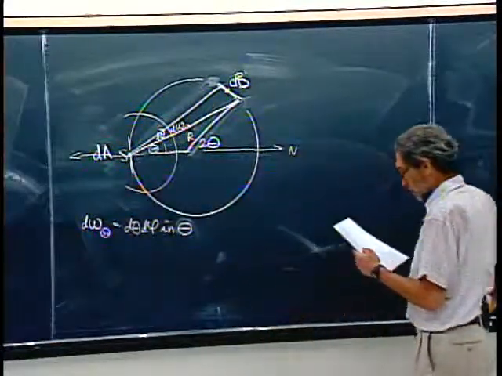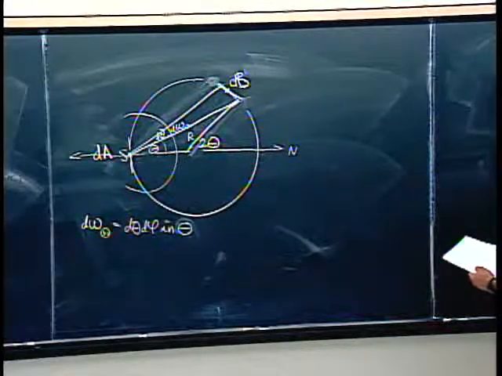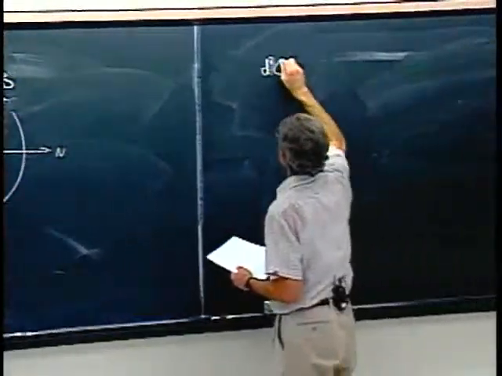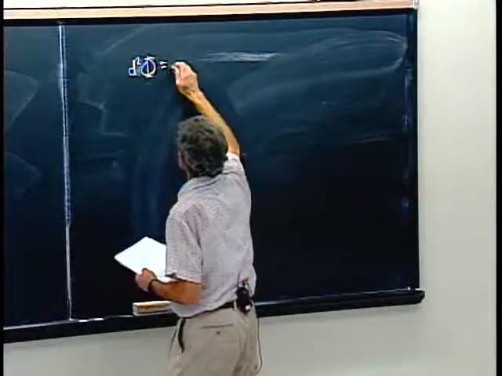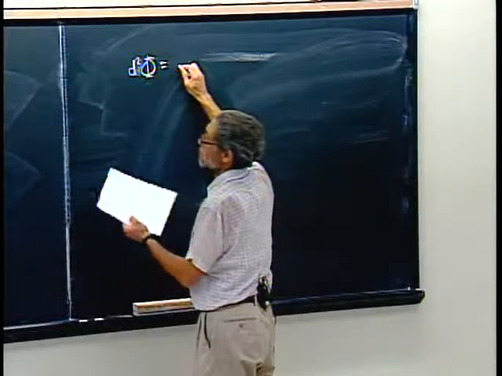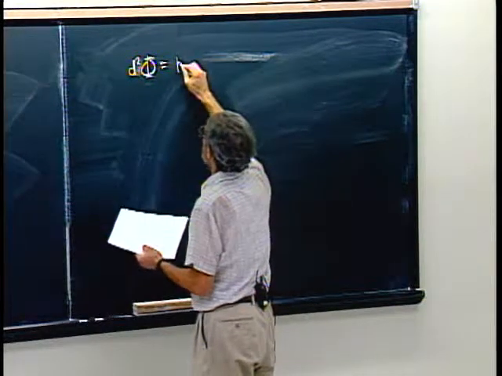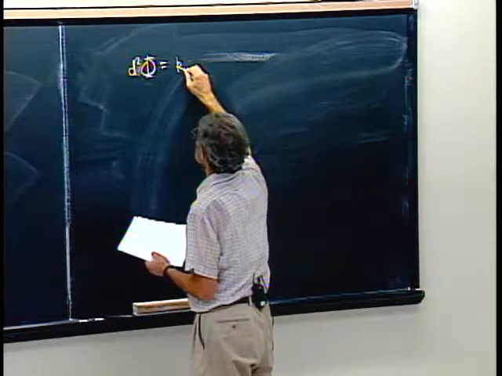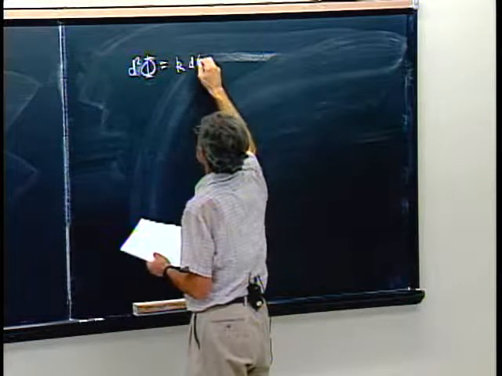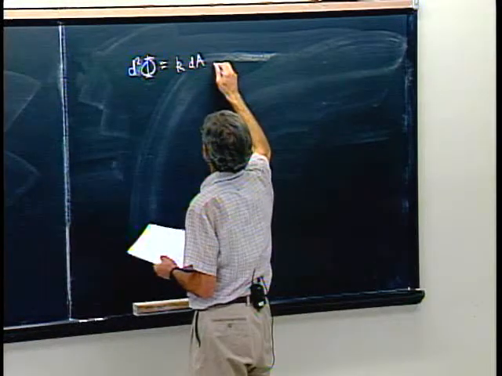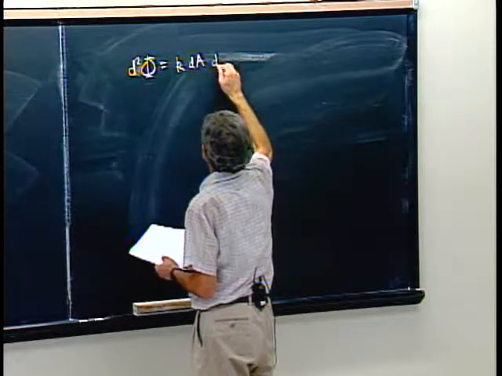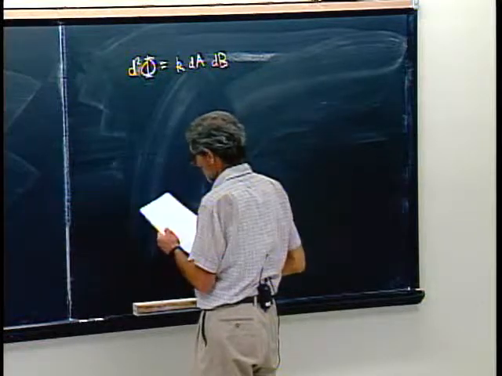And so that flux, d squared phi, is really the integrated probability of picking. There's a probability density times dA dB.